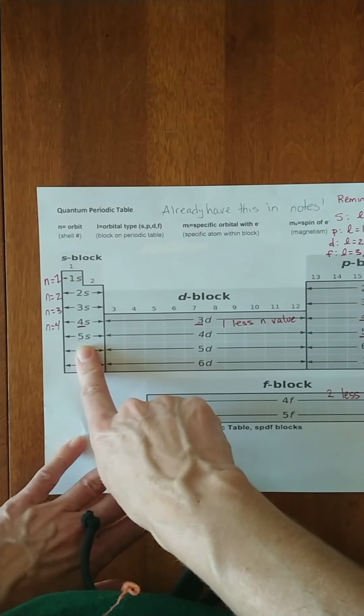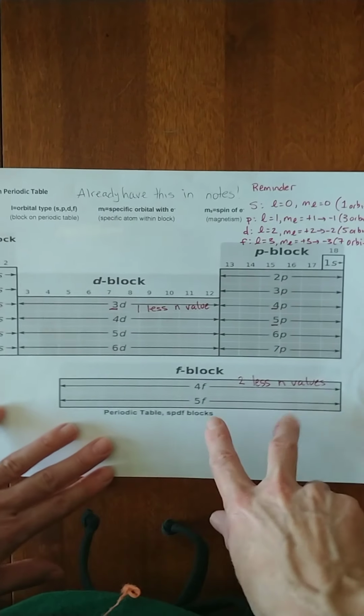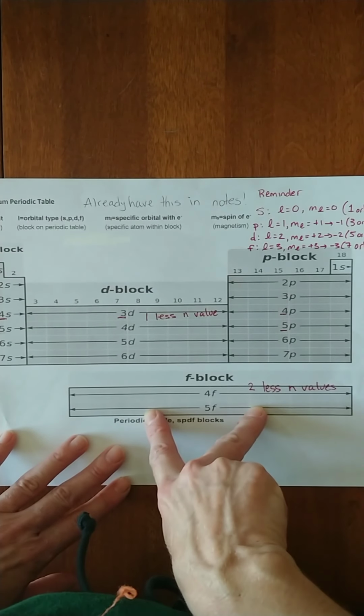So you have 1 orbital with 2 electrons, 3 orbitals with 6 electrons, 5 orbitals with 10 electrons, and 7 orbitals with 14 electrons.